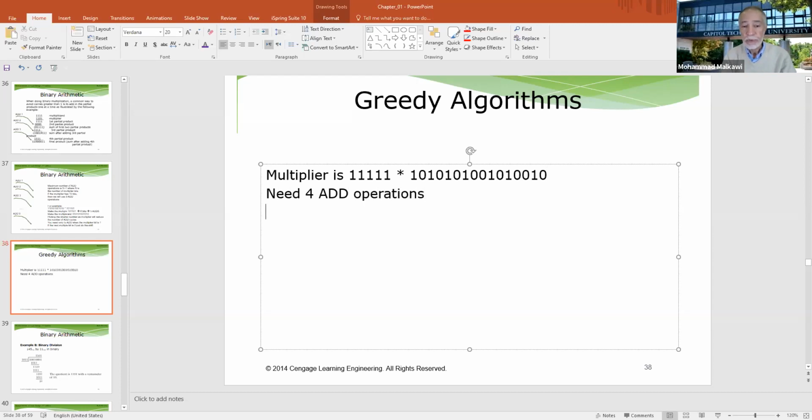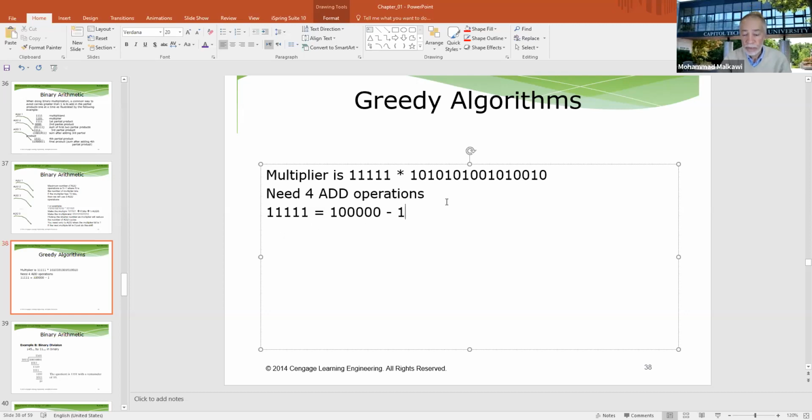Now, the trick which they used: my 1, 1, 1, 1, 1, I could write it as 2, 4, 8, 16, 32, because this is 31 minus 1. So this is this guy.